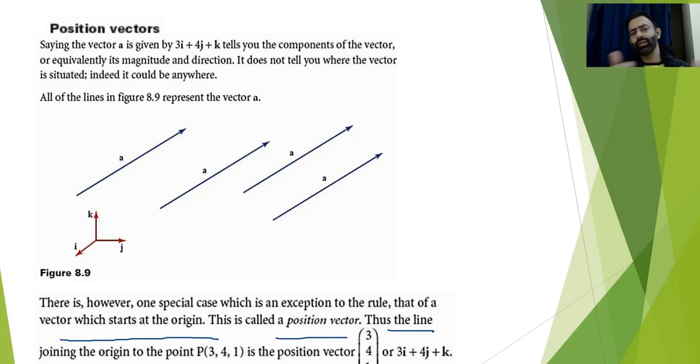So if we bring our x, y and z Cartesian system into the vectors definition, a point in 3-dimensional space has a position vector which you get by joining the origin to this point, and you will get a direction. That position vector can be written as the column matrix 3, 4 and 1, or in component form as 3i plus 4j plus 1 k cap.